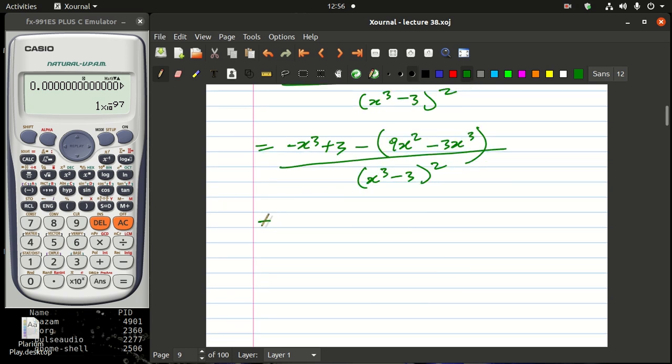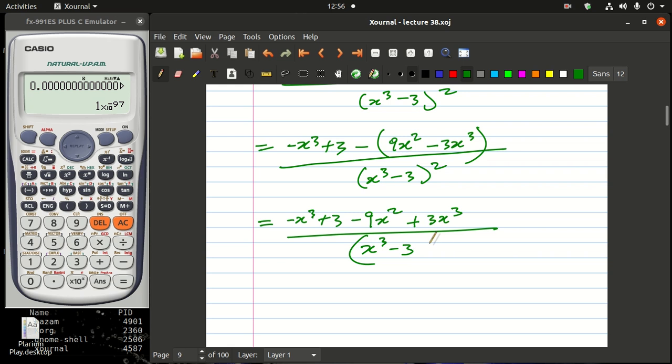And then I can proceed here and say I have minus x cubed plus 3. Minus times a positive is going to be minus 9x squared. Minus times a minus is going to be a plus 3x cubed. And then I divide this whole thing by x cubed minus 3, and then I have a square there. And then if you look into this here, I have minus x cubed. These two are like terms, so I can add them.